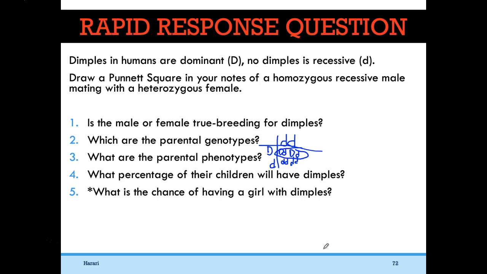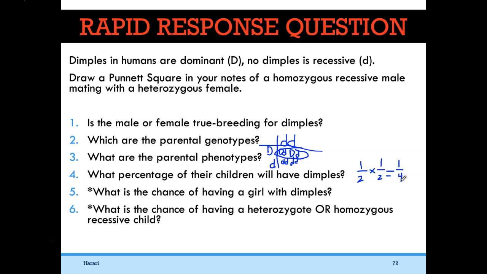So we multiply these two probabilities, right? So it's 1/2 times 1/2 is equal to 1/4. Right? 1/2 having dimples times 1/2 having a girl, and that'll give you 1/4 chance of having a girl with dimples. Right? She's a girl and she has dimples. What is the chance of having a heterozygote or a homozygous recessive child?